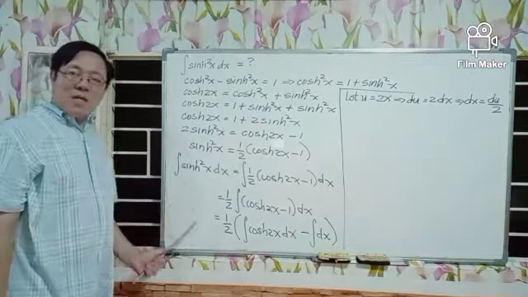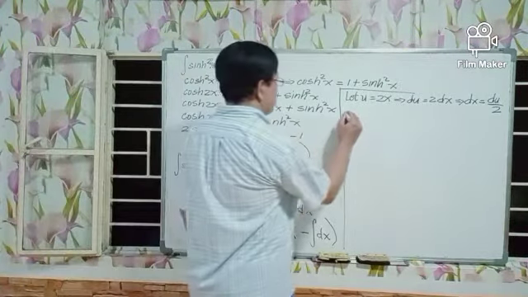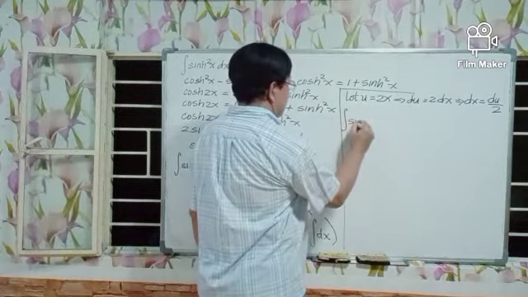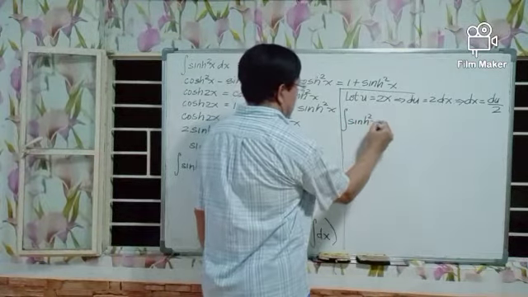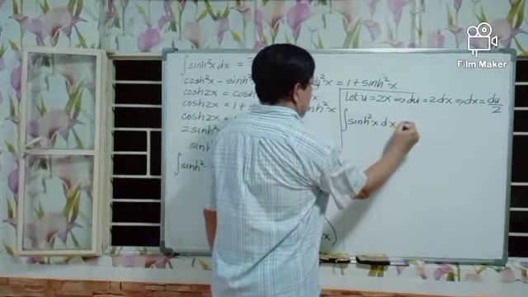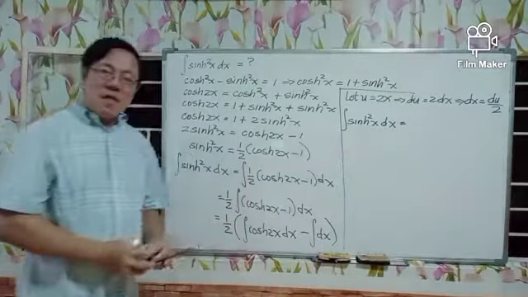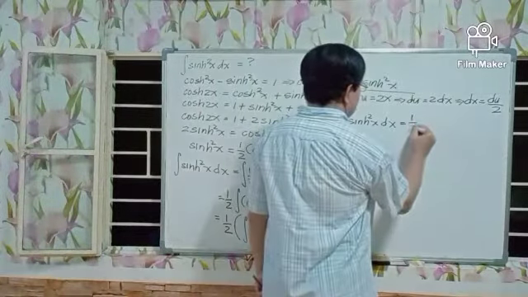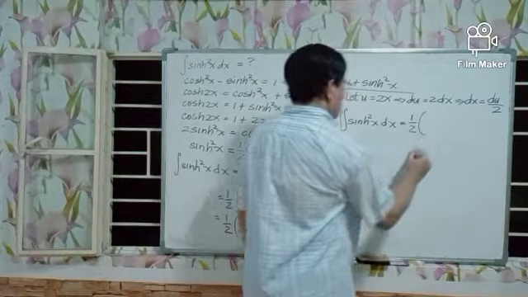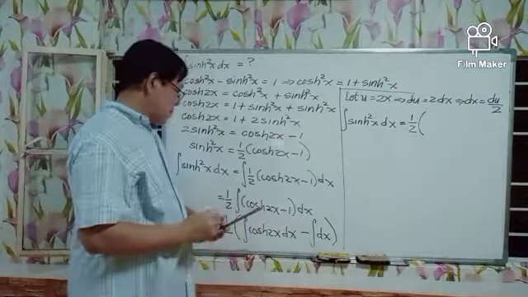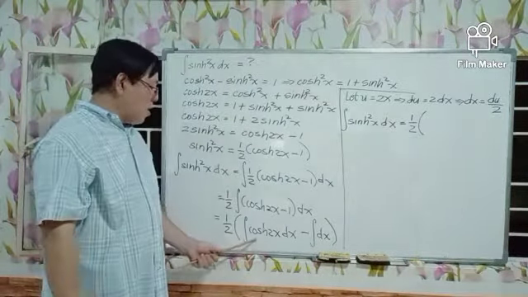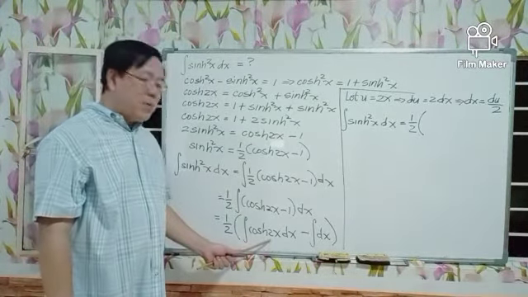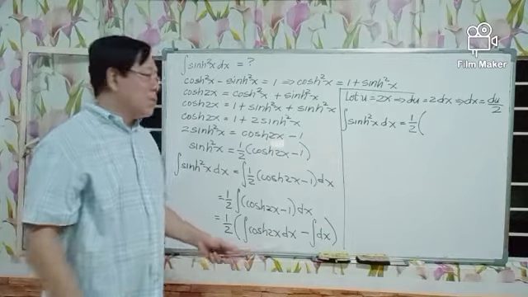Hence, the given integral is now equal to 1/2 times the integral of hyperbolic cosine of u. We now replace 2x with u.